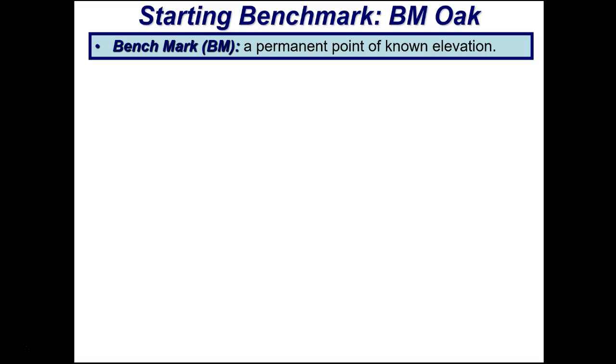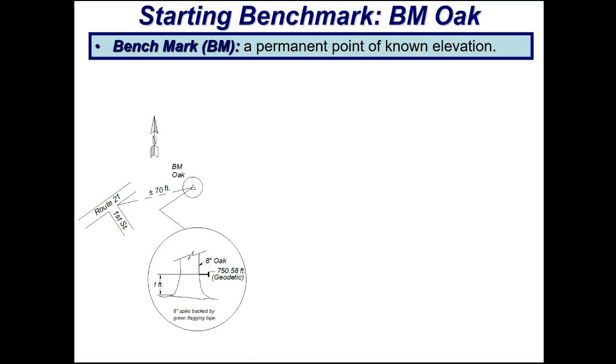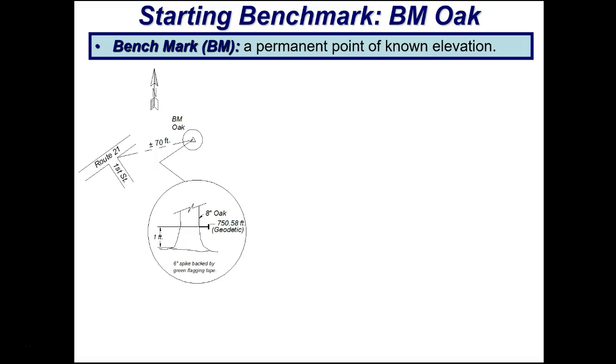So we're going to start at that oak benchmark. That benchmark, again, is a permanent point of known elevation, somewhere that's not going anywhere, and it has a known or an assumed elevation when we start. So there's our oak tree. That's kind of what it looks like.